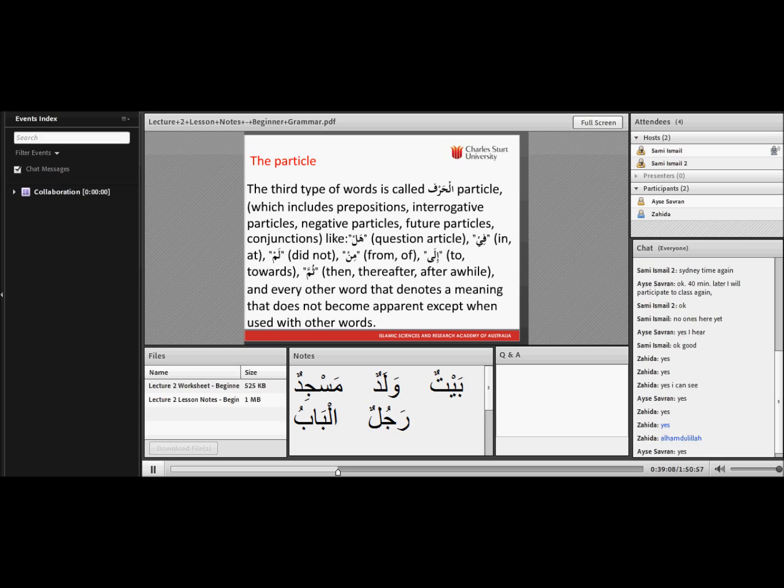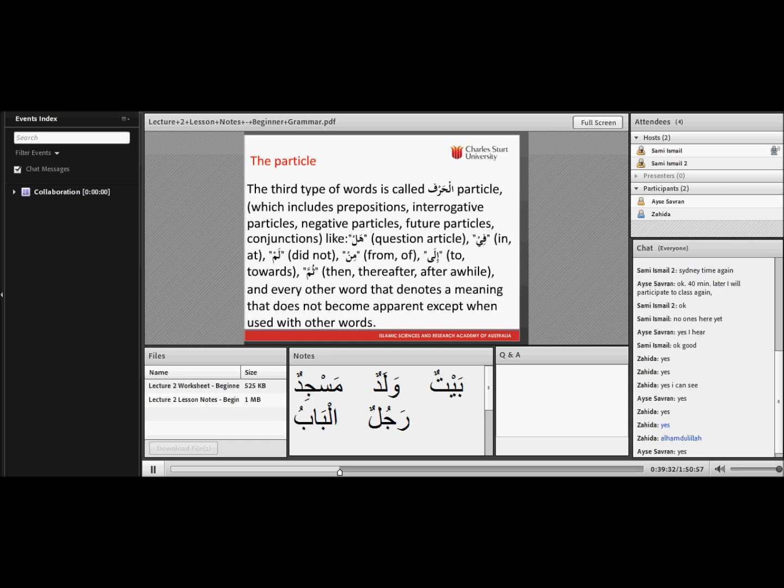What does that mean? Well, now the harf, which is the particle, does not have an independent meaning of its own. What I mean by that is it always needs to be accompanied by something, right? So if I say in what? If I say from what?